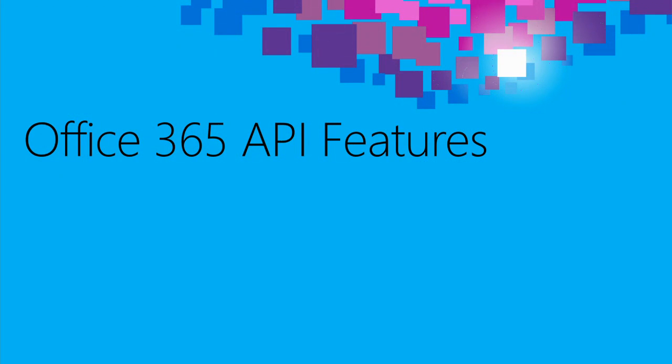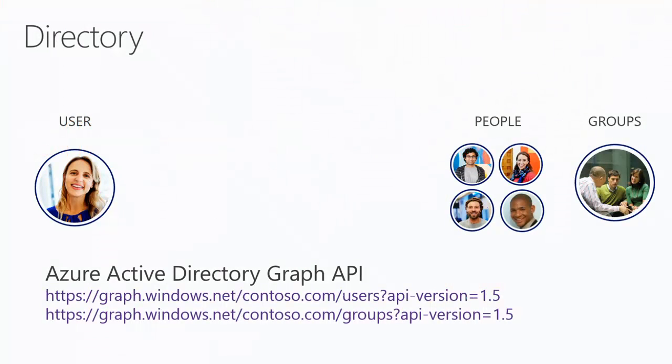So let's go and look a little bit at the different APIs that we have. So we have the directory, which is Azure AD Graph, which enables you to query all the users and groups in your organization. So this is kind of the GAL, the global address list for your organization. And so you can see the simple example below of how you can interact.